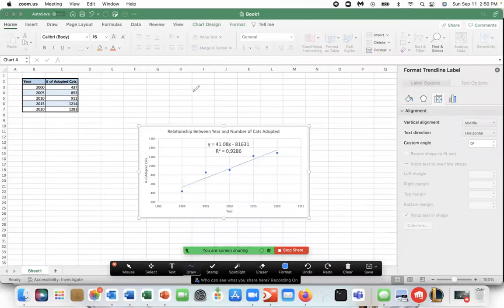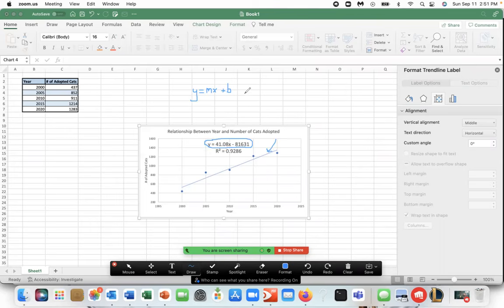If we go to our familiar equation, y equals our m, or our slope, x, plus b, which b is our y-intercept. This is what is always going to be displayed for this equation. This is just describing our trend line, describing this line right here.